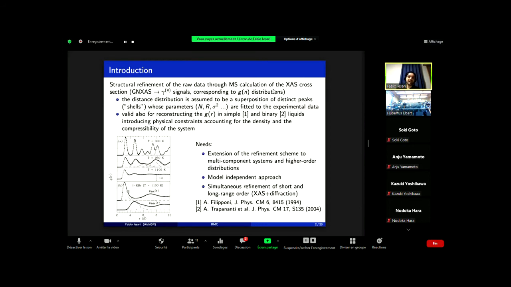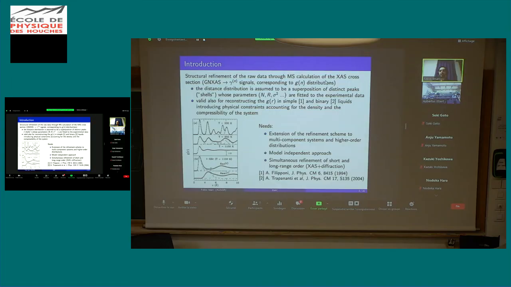Because the risk is that if you blindly apply the peak fitting approach to a disordered system, what usually happens is that you find a very underestimated coordination number. This is clearly shown in one paper by Filipponi that I suggest you read, which is also a nice summary.